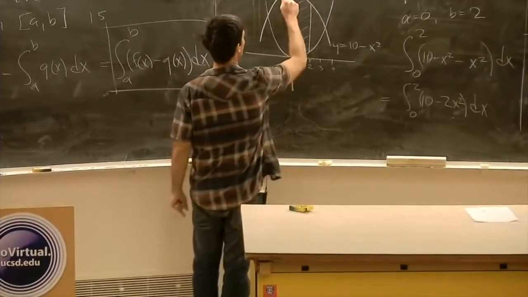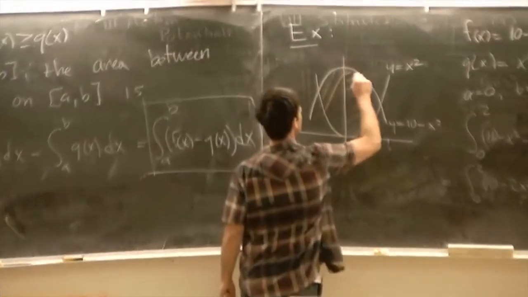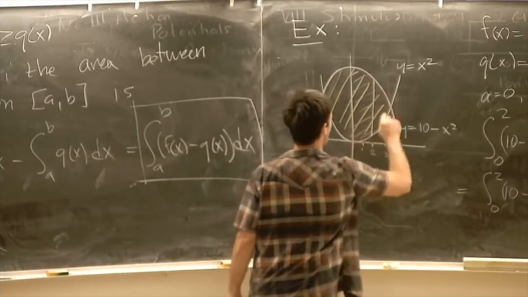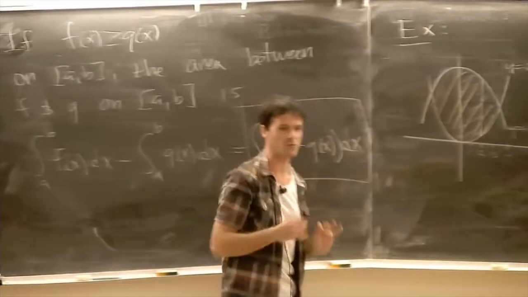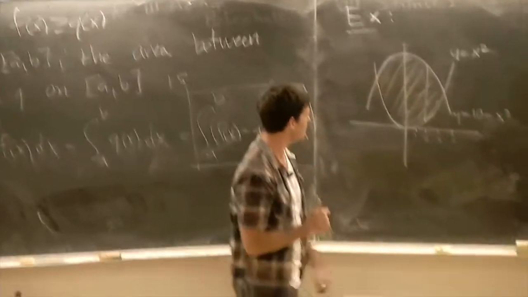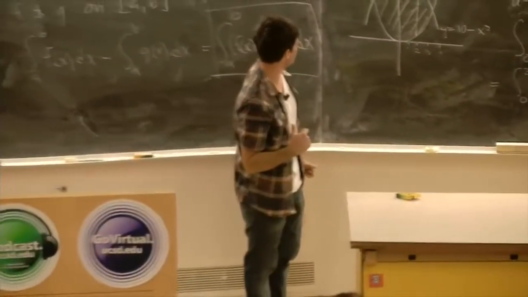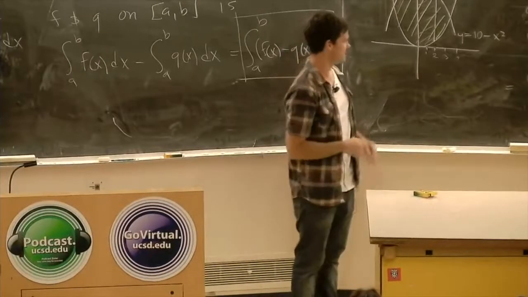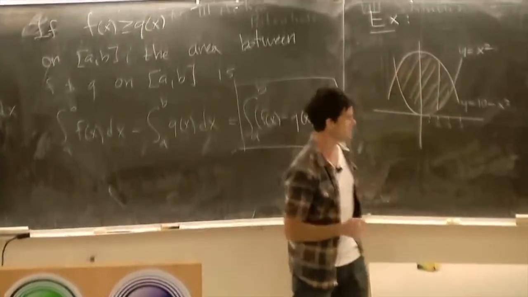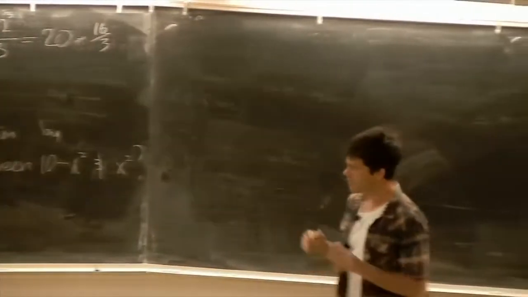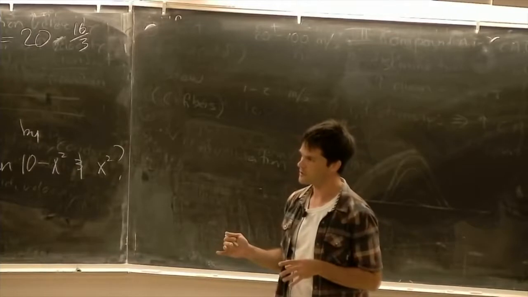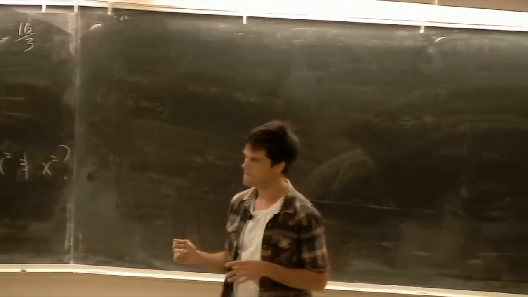And what I'm asking for is all the area that's trapped between the two of them. So this kind of weird greenish shape, this big green blob here. If we want to apply what we've already learned, can we?